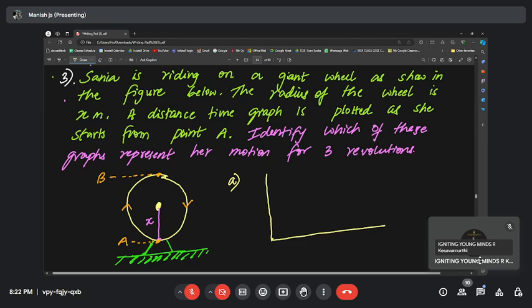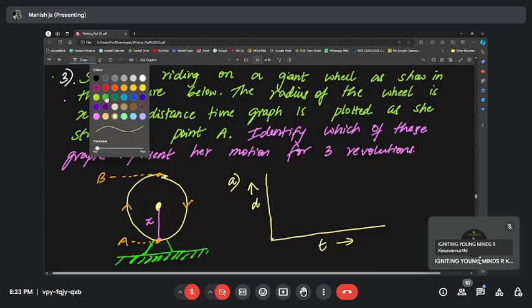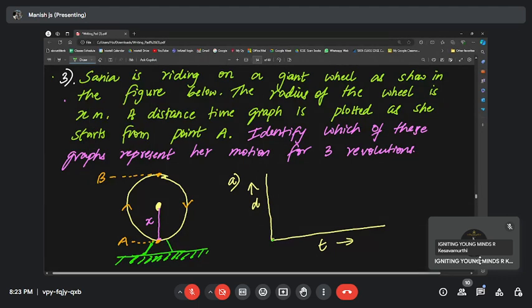So this is option A. You have distance here and time here, distance along the x-axis and time along the y-axis.